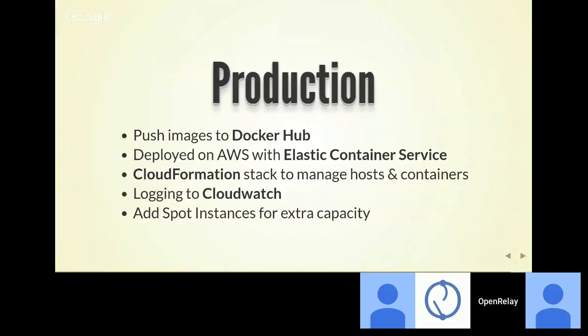The Elastic Container Service is an Amazon service that basically lets you register virtual machines into Docker clusters. Then it takes the containers, or the images, and the services that you define, and schedules those services to run on the virtual machines that you have joined to the clusters. And they handle all of that.